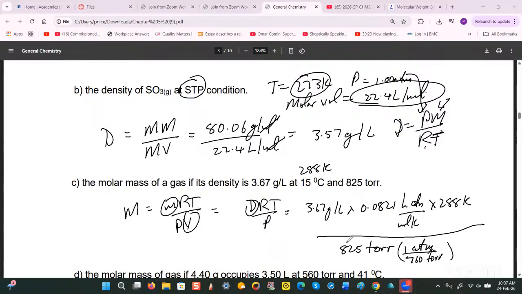So the answer I got is equal to 79.9. Let me show you how we get the units. The liters will cancel out here and here. The atmosphere units will cancel out here and here. The Kelvin will cancel out here and here. Torr will cancel out. Atmospheres will cancel out. So the answer would be given in terms of grams over moles, and that would be the final answer.